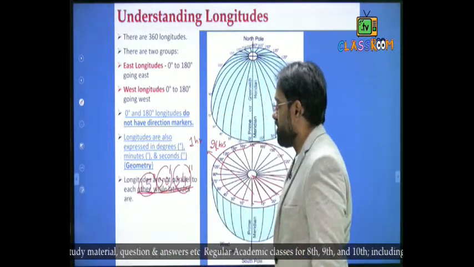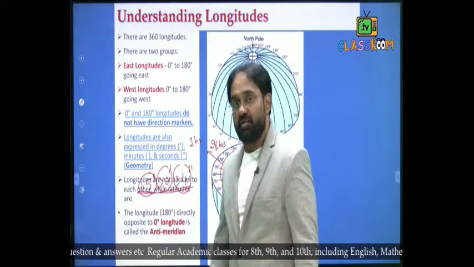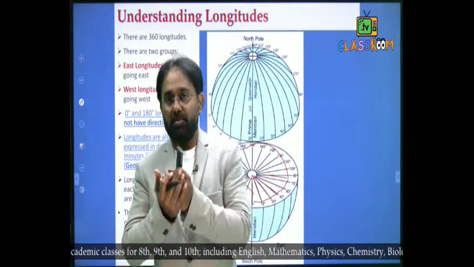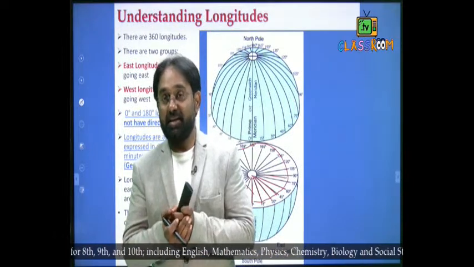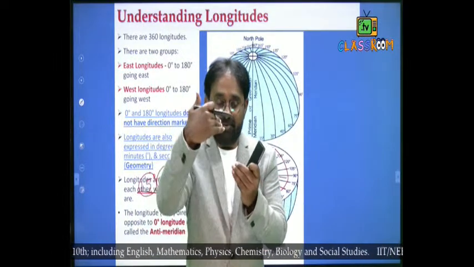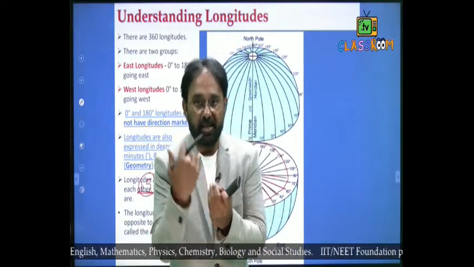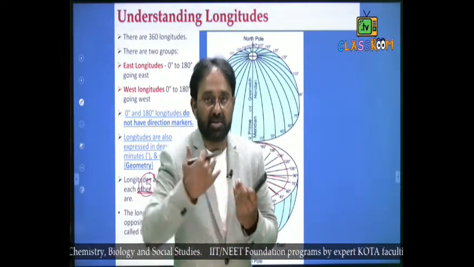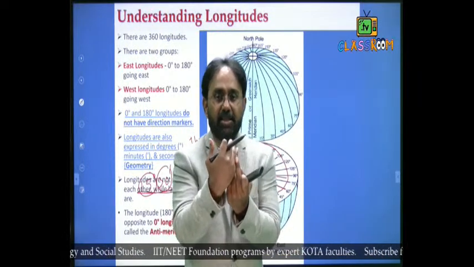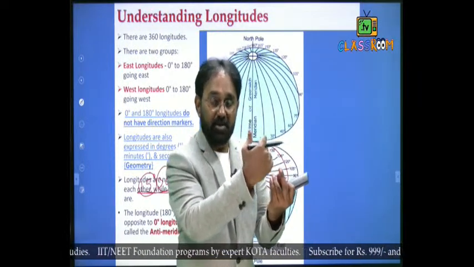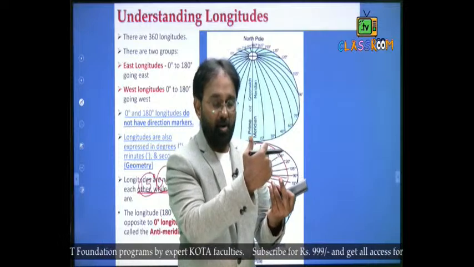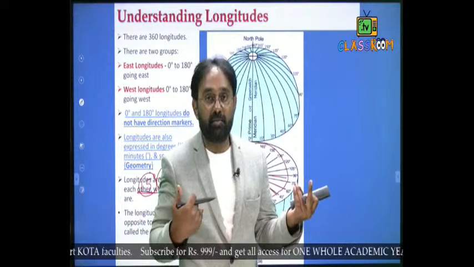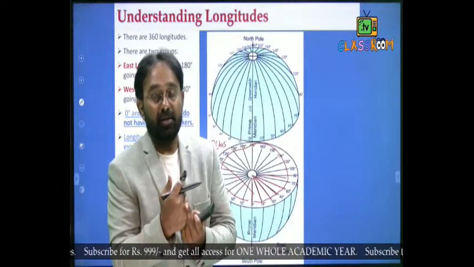Okay, so this is all what we have discussed, and we also discussed the anti-meridian, which is also called the international date line. What is the basic difference? The Greenwich meridian is basically used for the number of hours, like which part of the country has what time, how many hours ahead of or behind Greenwich Mean Time, by which we can ascertain the time in different parts of the world.